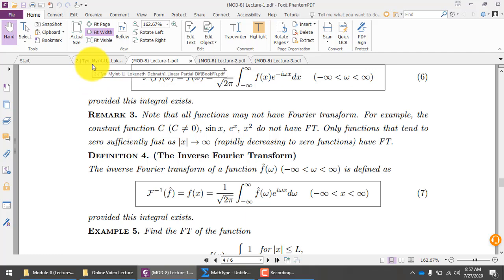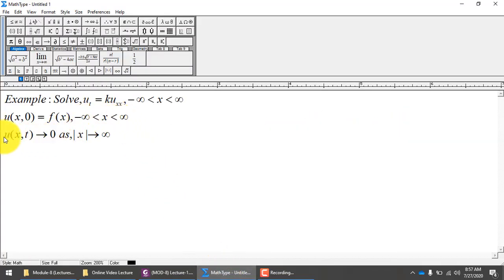So concluding the remarks, this condition is very useful, because if a function is tending towards 0, this is the first indication that Fourier transform must exist. So this is the first indication which gives you the instinct that you should apply Fourier transform.